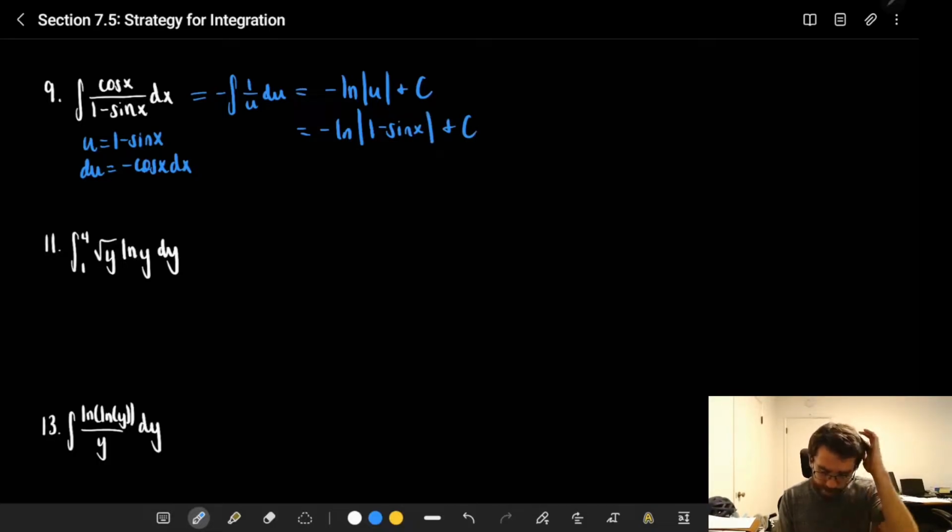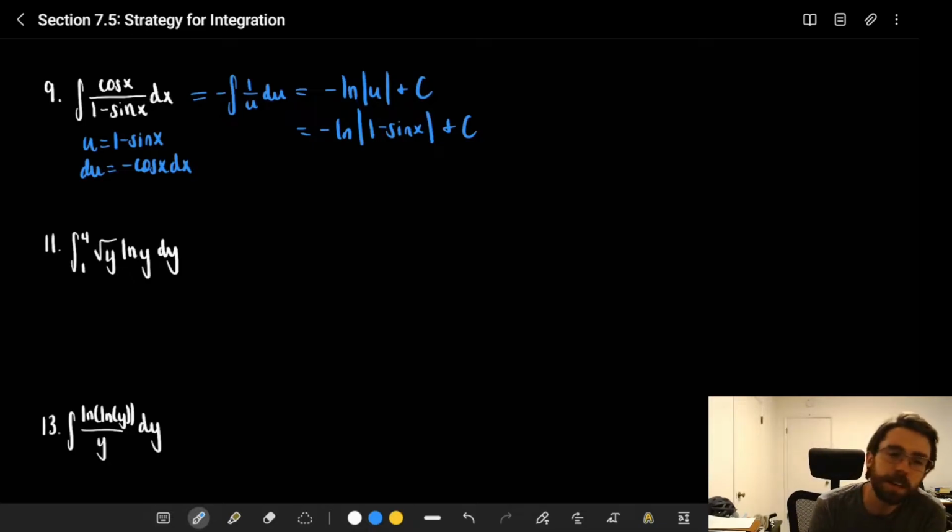Number 11. Oh, that square root makes it interesting, doesn't it? I wanted to say integration by parts. Can I still say that?